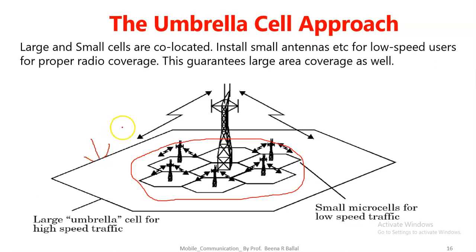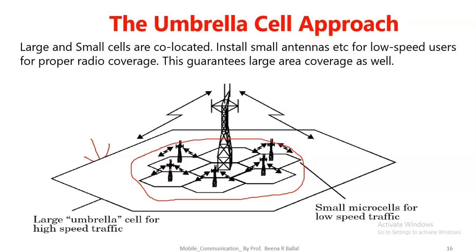So how does this go on? Now this has two types of cells, smaller cells for low speed traffic and large cells for high speed traffic. So if you see, there are small cells which are co-located and inside a larger cell. That's why it is called an umbrella cell.